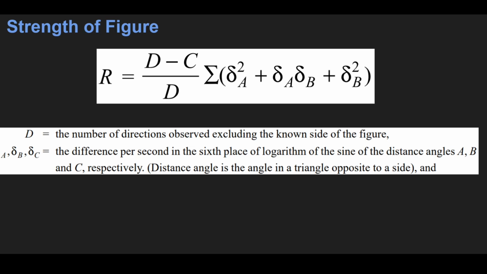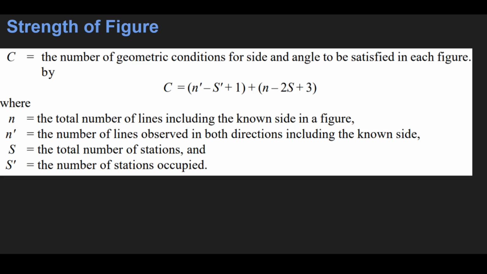Okay, that's self-explanatory. Now C in the formula is the number of geometric conditions for side and angle to be satisfied in each figure. It is given by C is equal to n prime minus s prime plus 1 plus n minus 2s plus 3. Now n is the total number of lines, including the known side in a figure. We just have to count these lines.